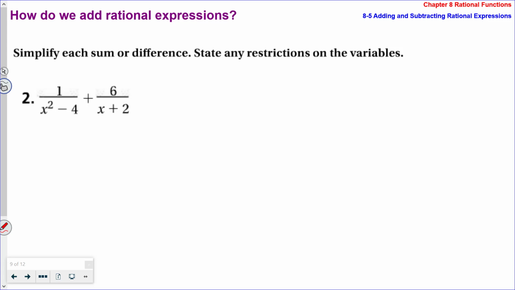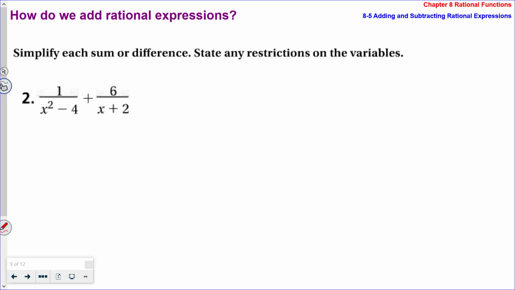Yes, but why? You're right there. X minus 2 is what we need. And here's why we need it though. You know why we need x minus 2? Because it needs to be negative 4 with the common denominator. Exactly. Positive 4. Exactly.